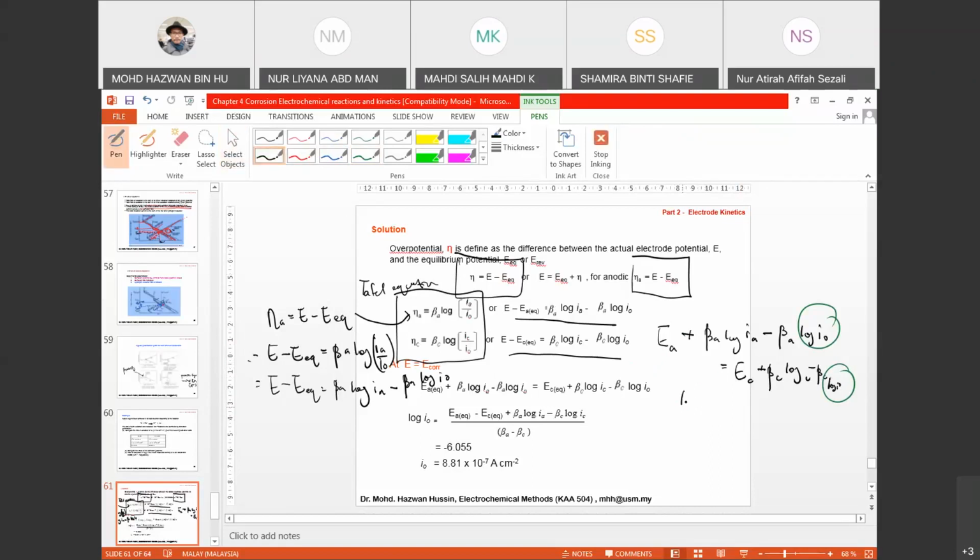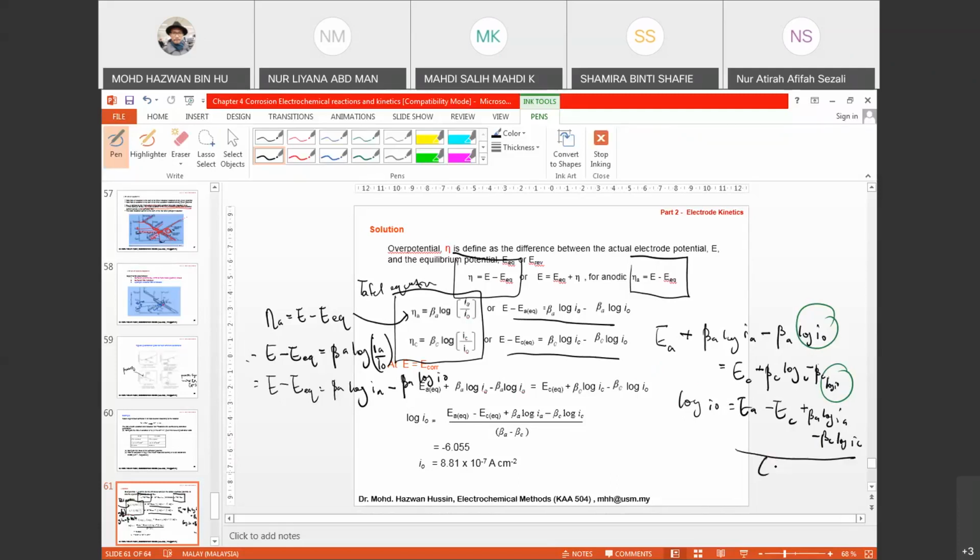At the end, log I naught is equal to EA, the anodic potential, minus the cathodic potential, plus beta A log IA minus beta C log IC, over beta A minus beta C. This formula I want you to memorize. This is how you can get the exchange current density.